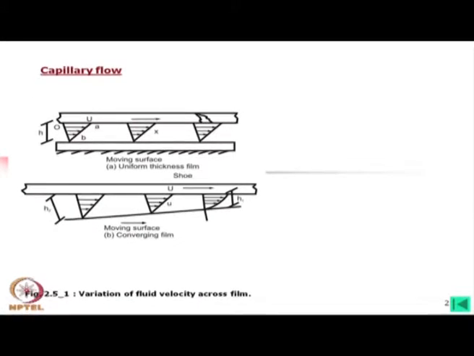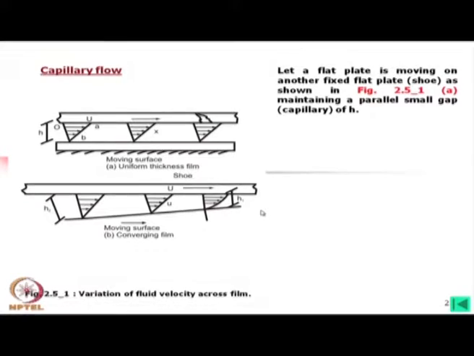Or in other words, if the bottom one is larger, the moving one is smaller, then we can consider the field is the area of the upper one, and at the bottom, what we see is that h is gradually decreasing from h2 to h1 within this field.